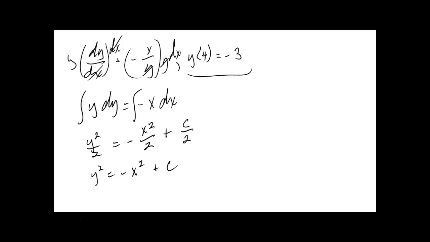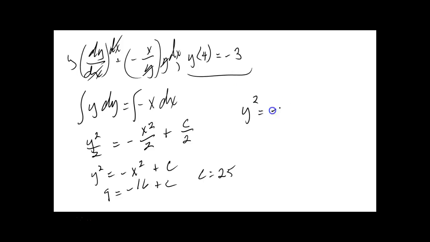Help me. Okay. I heard a 25. Okay. How you got that was y was negative 3 here, and that squared would be 9 is equal to minus 16 plus c. So sure enough, add 16 to both sides, and you get c is equal to 25. So there we have it. So go plug that back in.